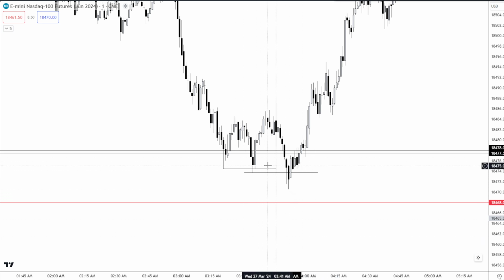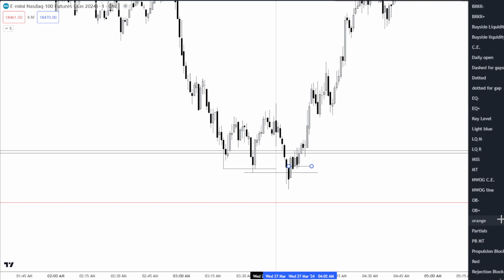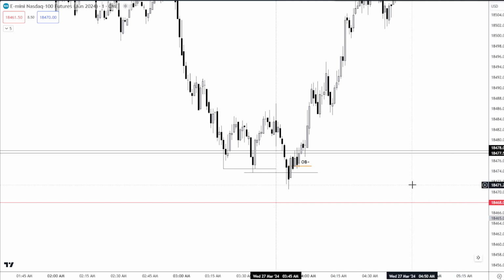I like more because it creates an order block, which gets respected very nicely right here. So if you don't want to enter here, then you enter off this order block. This low gets swept with a thick down close candle, an order block, whereas this one just gets swept with a wick.